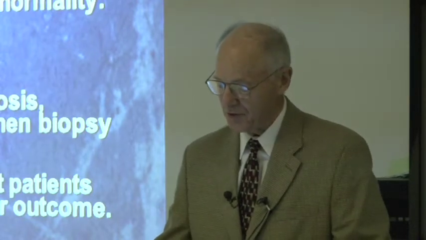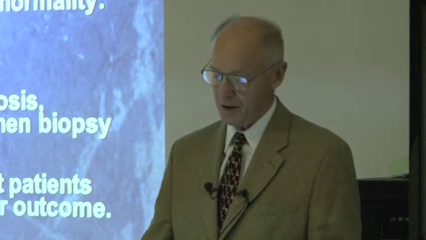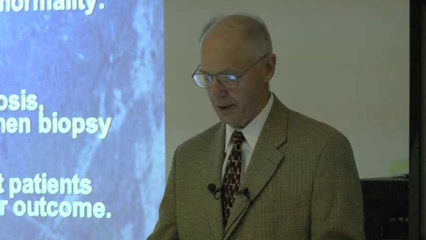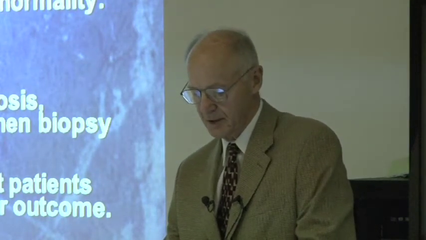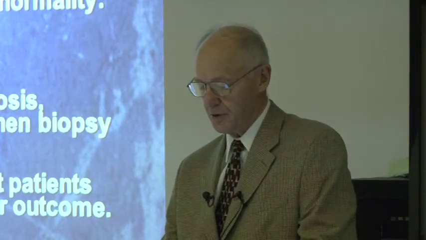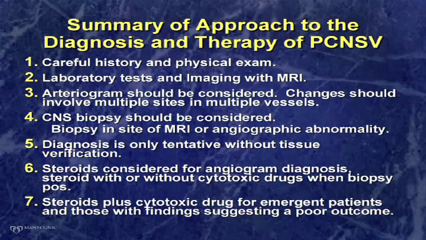And the diagnosis is only tentative. You need to keep track of that without a tissue verification. But I think you can often proceed anyway. And if you don't feel confident, you should get a biopsy. And steroids could be considered alone for angiograms confirming the diagnosis. And when a biopsy is positive, then you can decide on the severity of the disease.